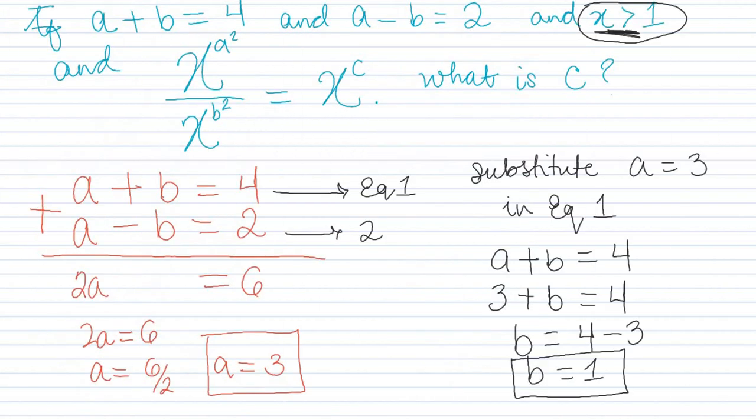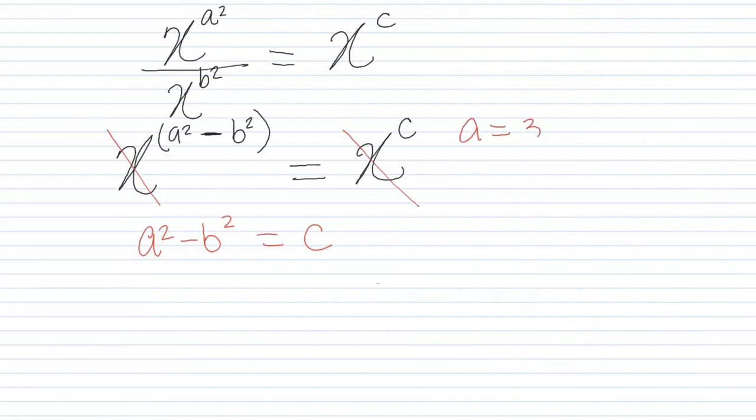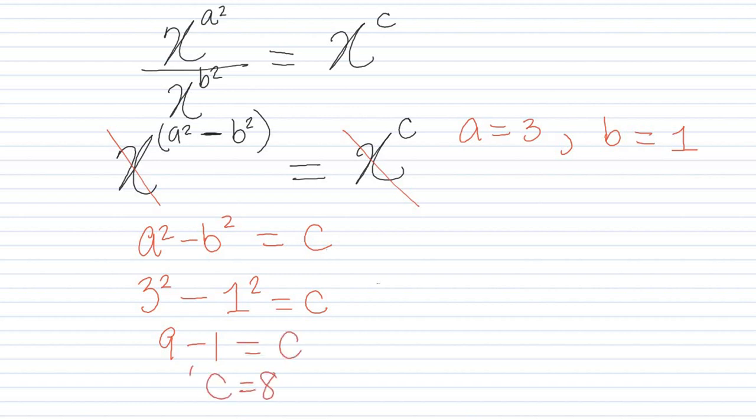We already saw what a is and what b is. We know a equals 3 and b equals 1. So hence we have 3 squared minus 1 squared equals c. So 3 squared is 9 minus 1. So 9 minus 1 is 8, so c equals 8.